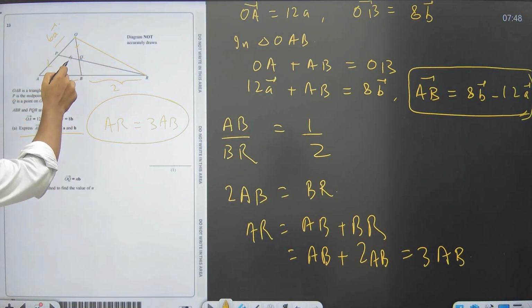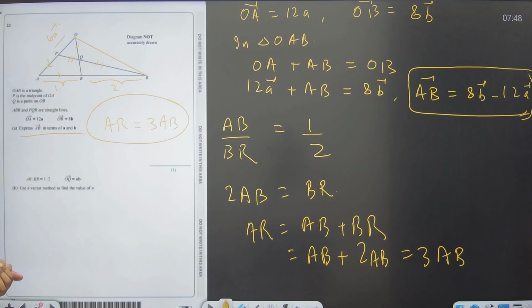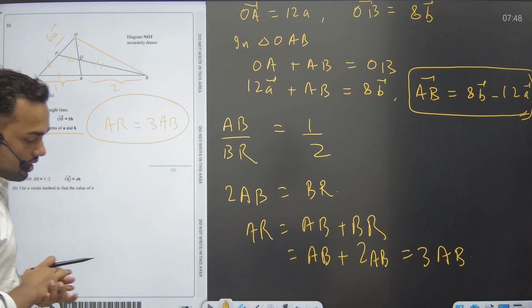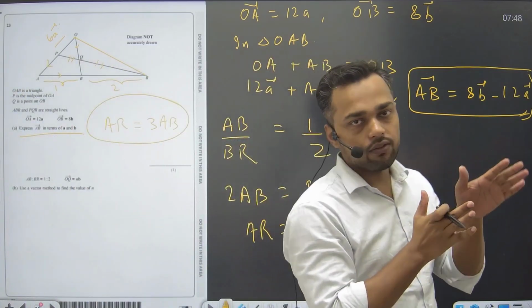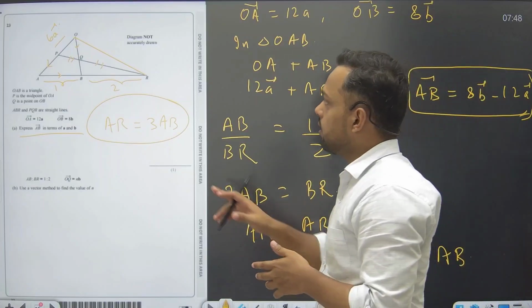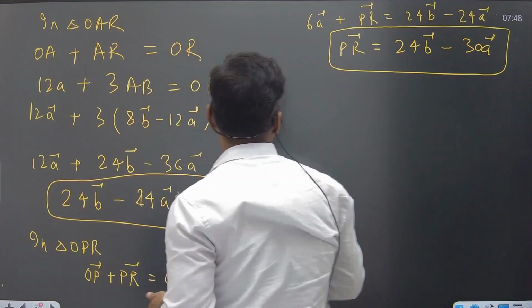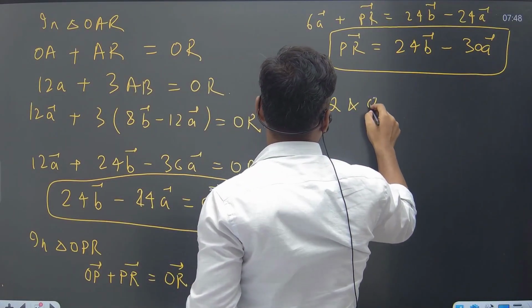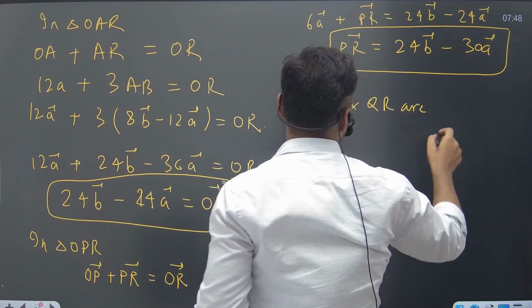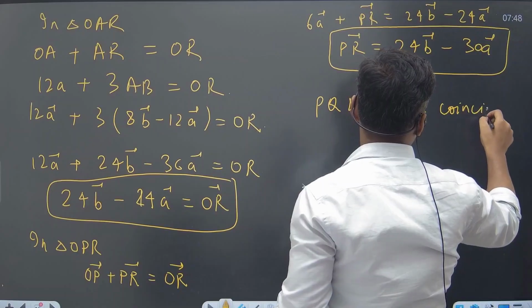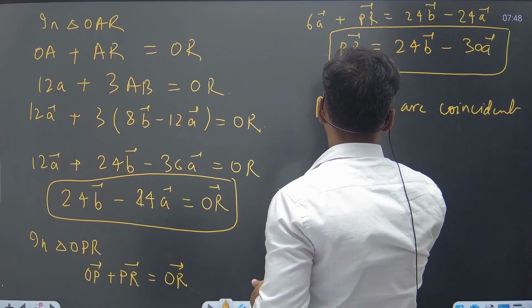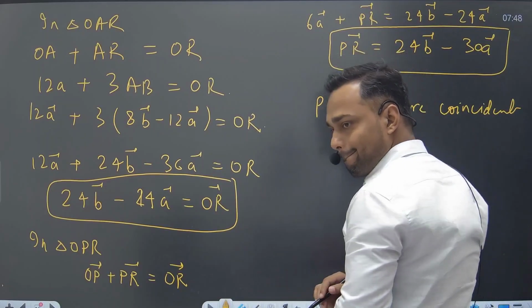If you see this diagram, we can see that PQ and QR are lying on the same line, they are part of the same line. PQ and QR are coincident lines.